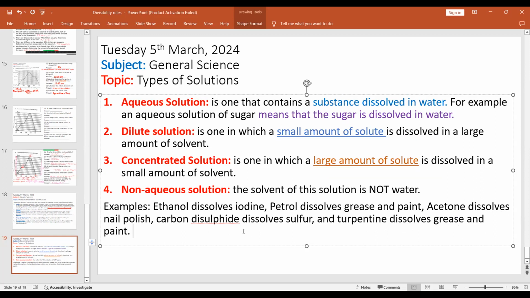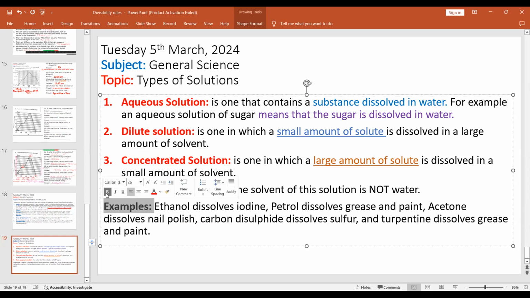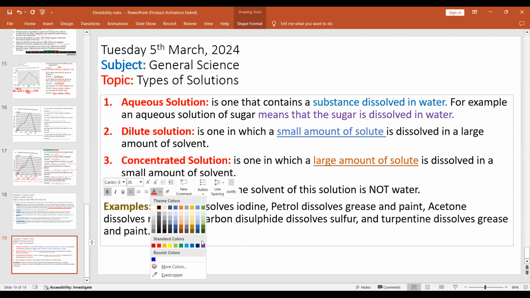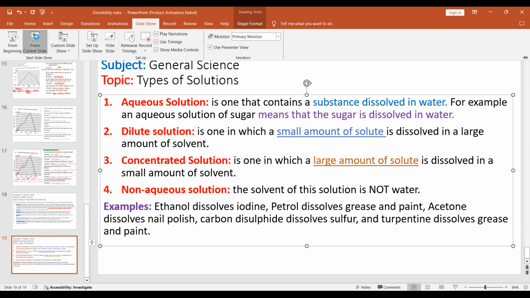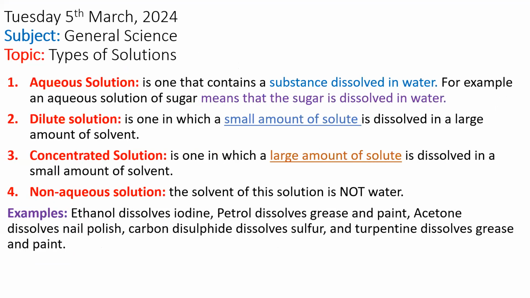Now, I bet you these are unfamiliar to you, right? Probably it's the first time hearing these words, because it's usually water that dissolves stuff. It's kind of weird not to hear water. But you can have solutions whereby water is not the solvent.